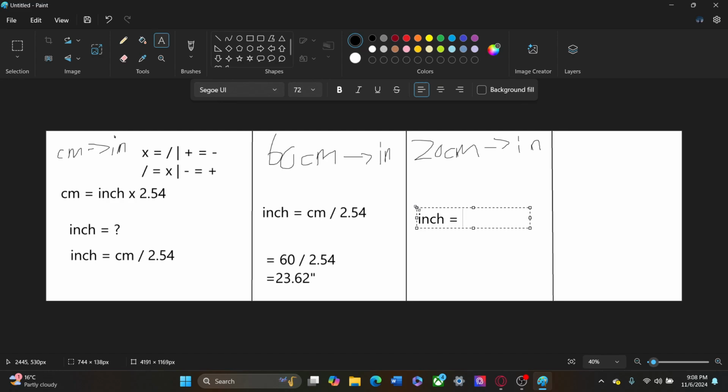So we're gonna do centimeters divided by 2.54. Now we know that we have our centimeters, which is 20. And we know that to get inches, we have to divide it by 2.54. You get your answer, which is 7.87. Say it with me, inches.